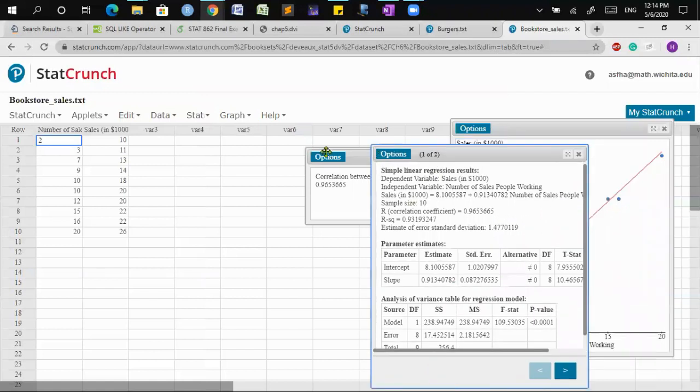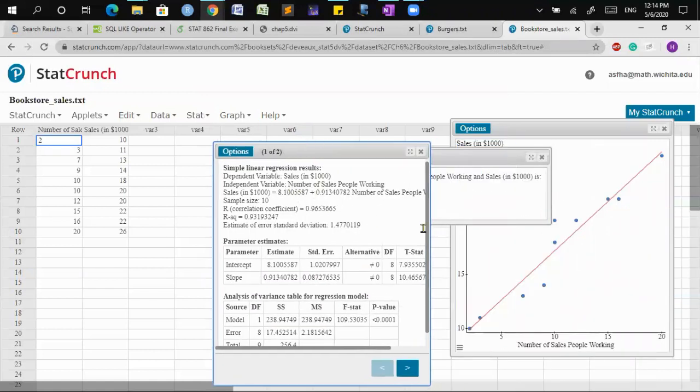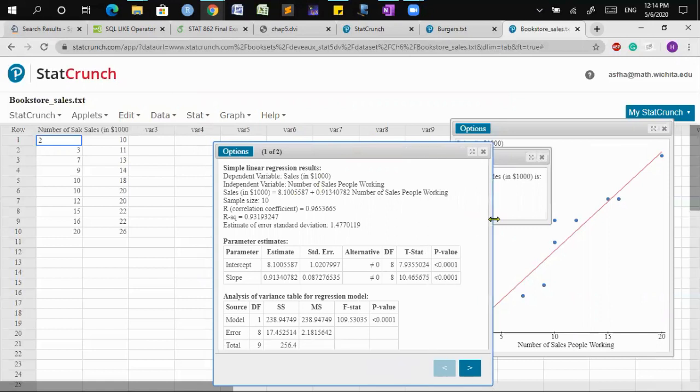So here is the result. This is the correlation coefficient. For now, ignore all the other results. We will come to this in a moment. What we are looking for is just this value. Therefore, from this correlation, we can say there is a strong relationship between those two variables.